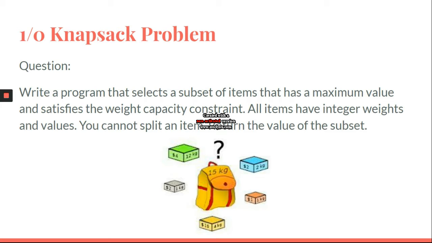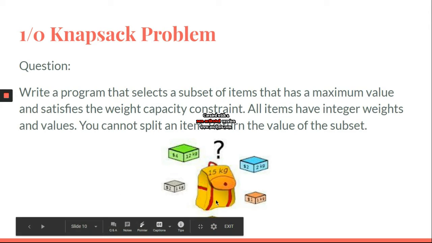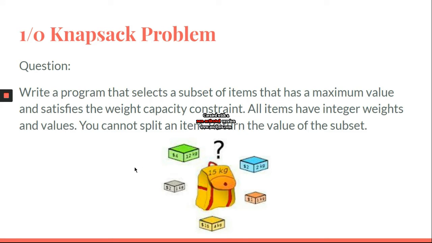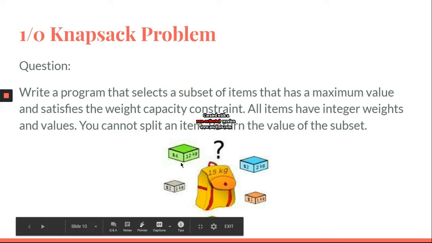Let's use some tabulation to get an understanding of how the program will work. Get a pen and paper and follow along, because this is where it's going to get a little confusing. I suggest you write it down, watch this part of the video multiple times, and try a problem that you made up. There's a problem here that I'm not going to use on this slide. Here in this knapsack, you have a weight capacity constraint of 15 kilograms, and a few items that have kilograms and values associated with them.